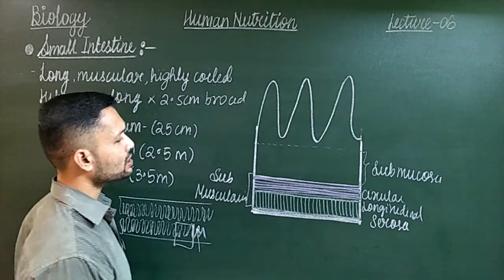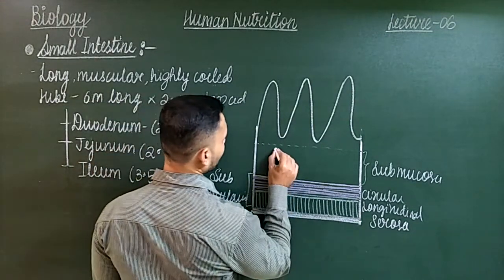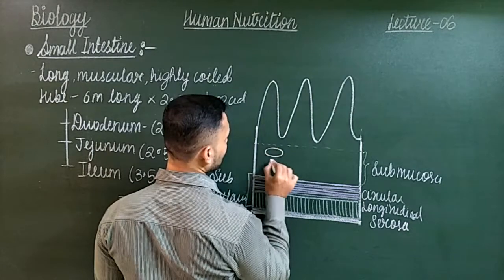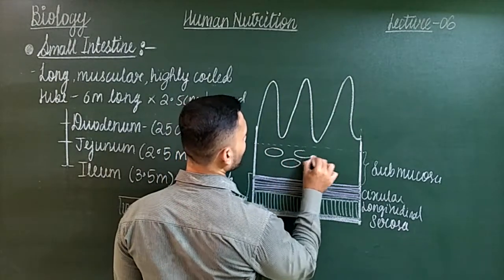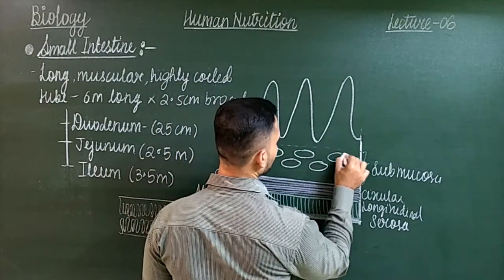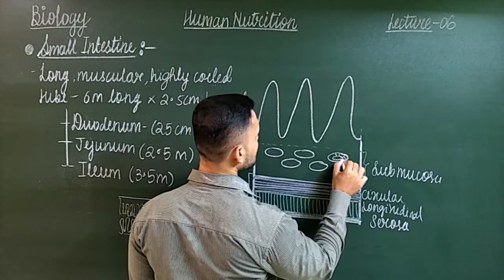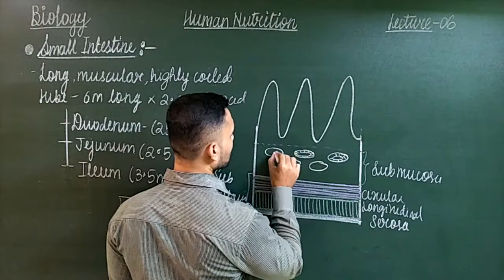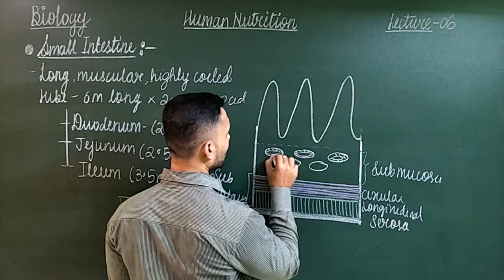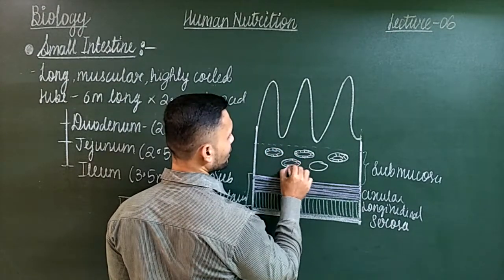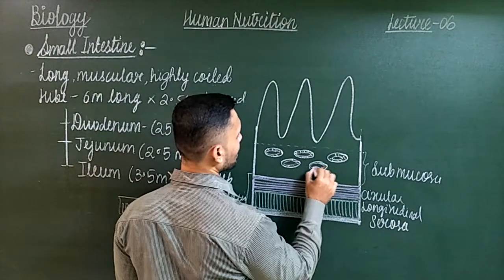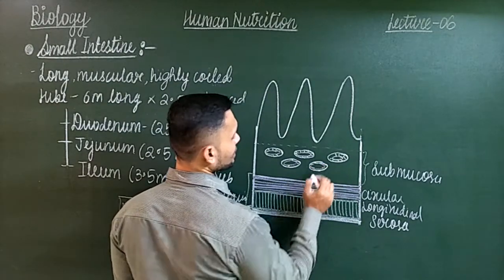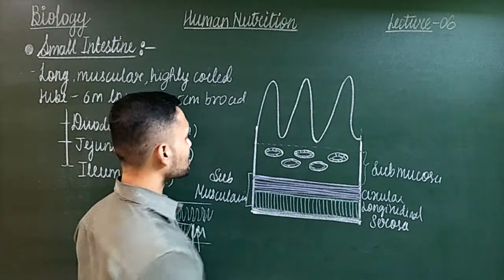Then the submucosa layer is rich with a few glands, known as Brunner's glands, which are a potential MCQ. This has come up quite often in MCQs. So basically these are the Brunner's glands, and obviously this is the tissue.